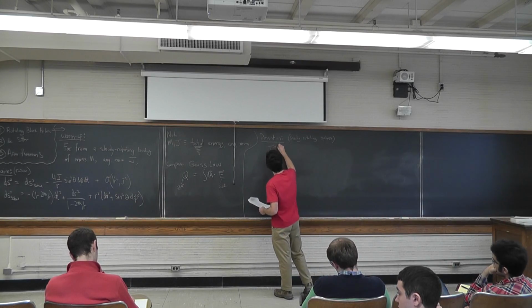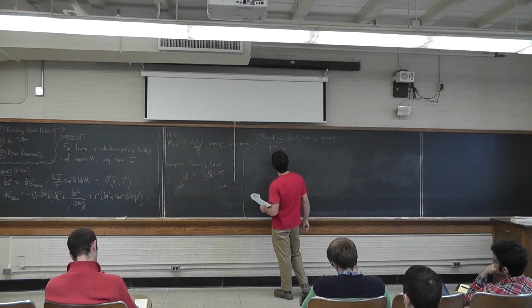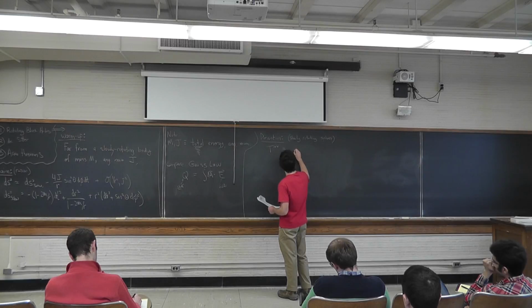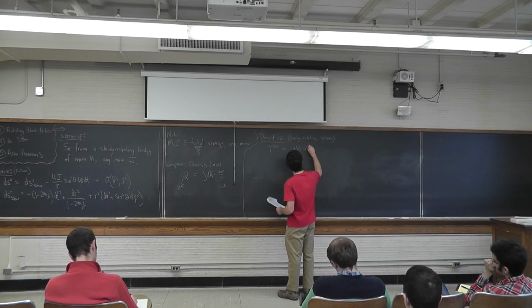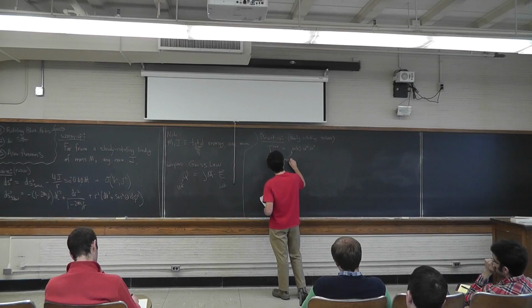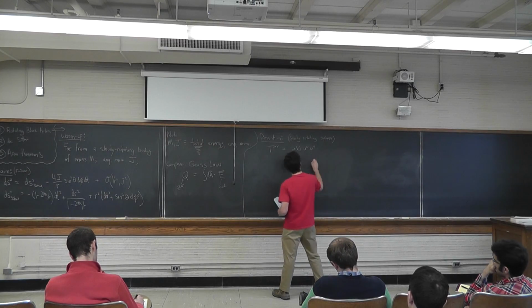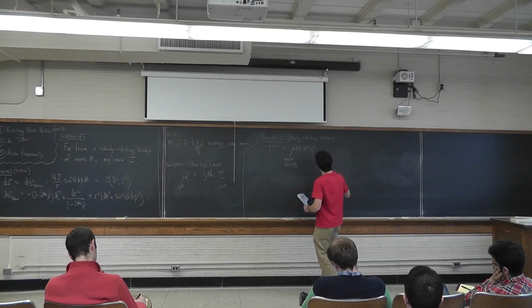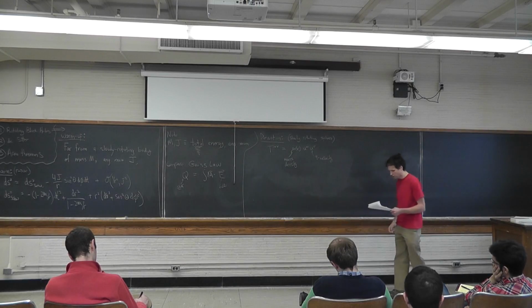The stress energy tensor of a non-relativistic massive object is just mu of x, u^mu u^nu, where mu is the mass density and u is the four-velocity.